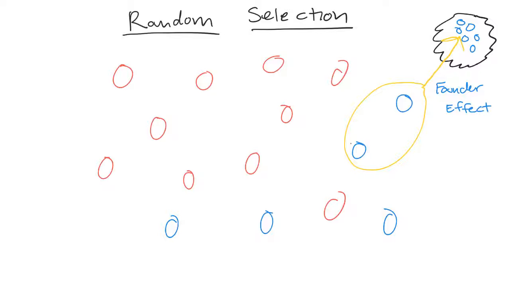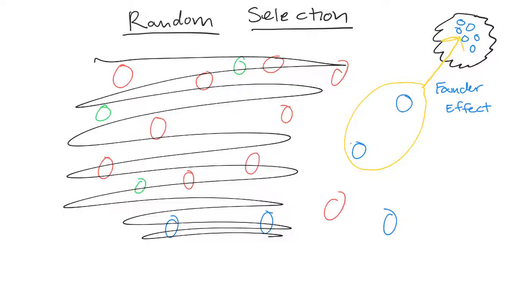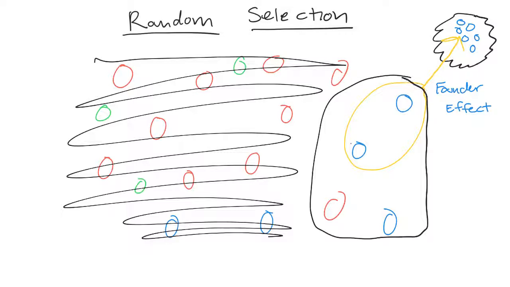Okay. If we go back to that first example, where let's say there were also some green ones here. A hurricane came and knocked out all of these guys. And now our new population is different. Okay, this new population now, what's different about it?